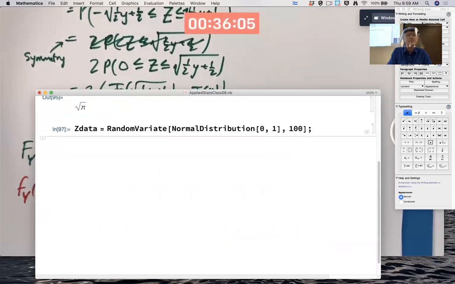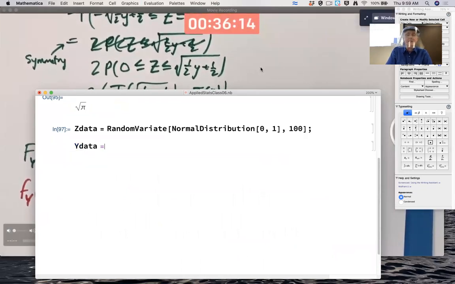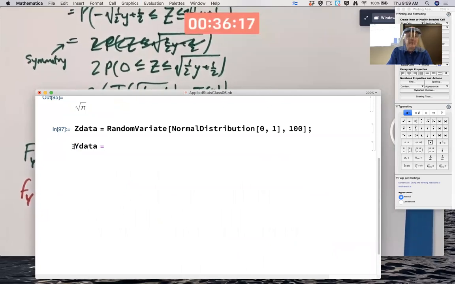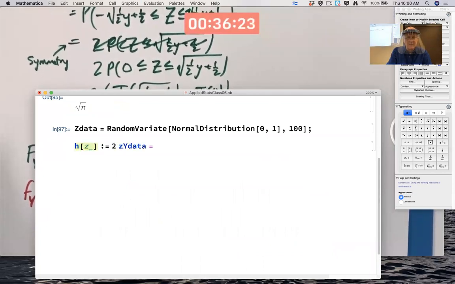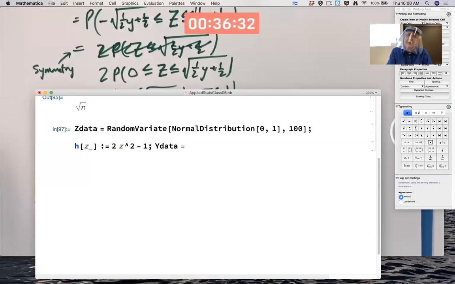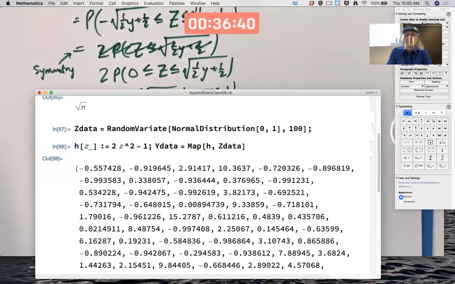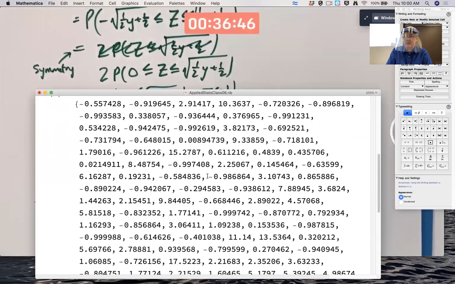I'll suppress the output. And y data, well, I need to define my transformation here. 2z squared minus 1, maybe I should call that h of z. To obtain y data from z data, I want to apply that function to all the z data values. Map h over z data. None of those numbers are less than -1, though many of them could be close to -1.